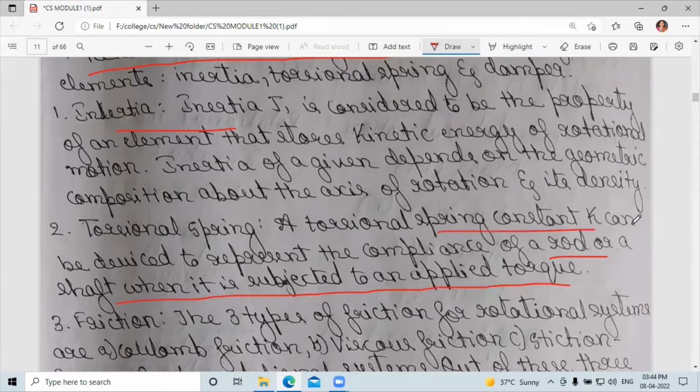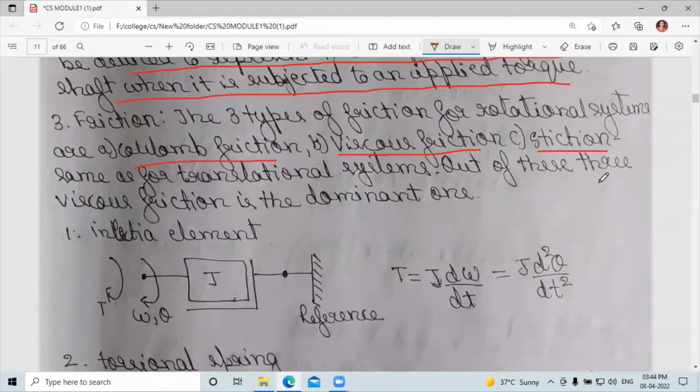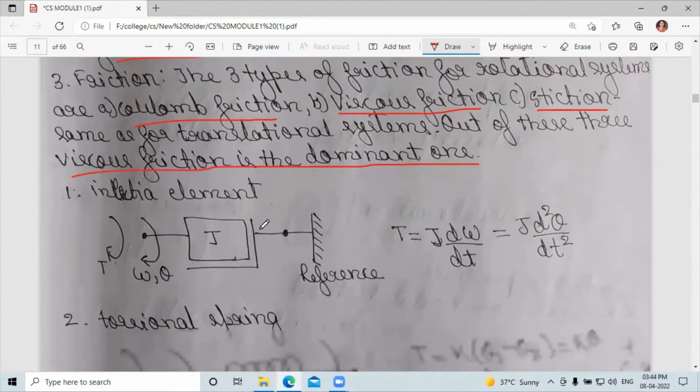K is the spring constant, representing the compliance of a rod or shaft subjected to an applied torque. Next, friction has the same three types: Coulomb friction, viscous friction, and stiction. Out of these three, viscous friction is the dominant one.